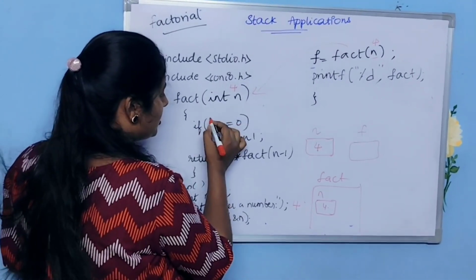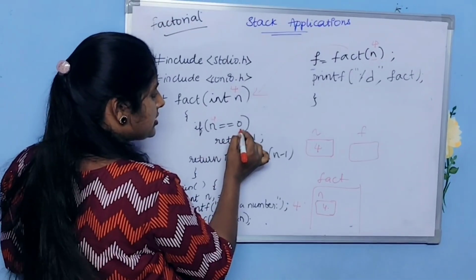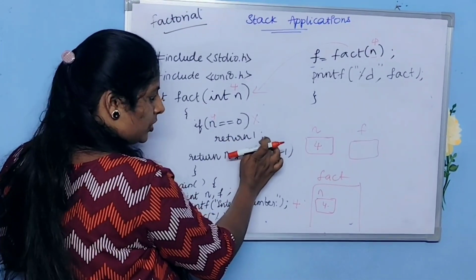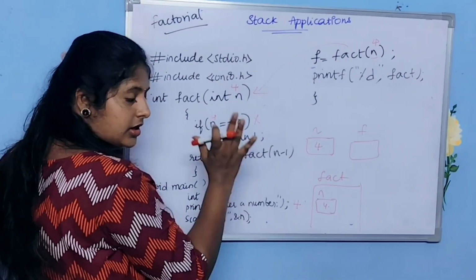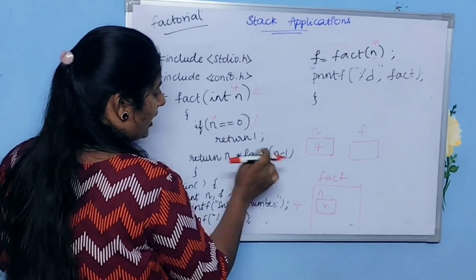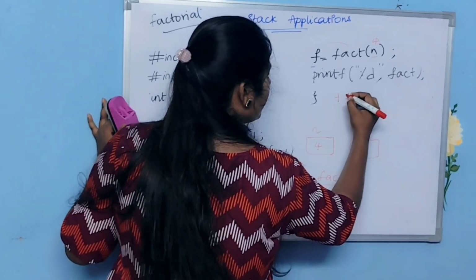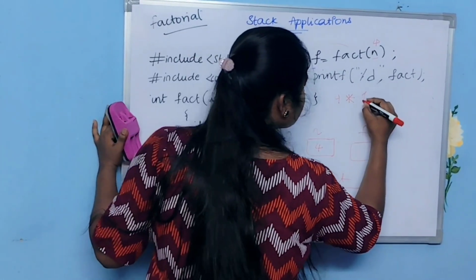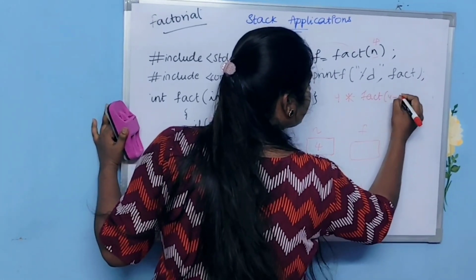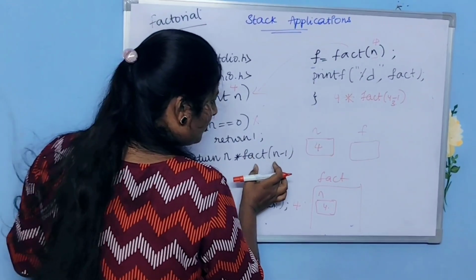If n equals 0, my n value is 4. Is 4 equal to 0? No. This statement won't be executed and this statement will be executed. So what is the statement? Return n into fact of n minus 1. What is the n value? 4 into fact of n minus 1, means fact of 4 minus 1, which is 3. So, again the function is being called.